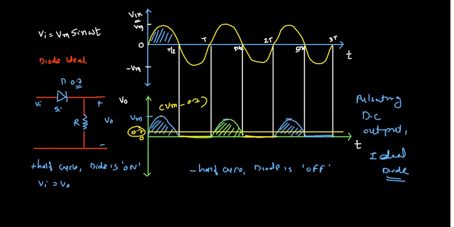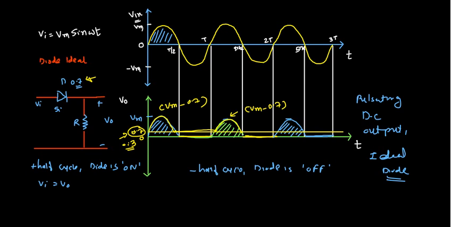Suppose this one is a germanium diode, this line becomes 0.3 because the germanium threshold value is 0.3. For silicon, the signal will look like this, and our peak value will be Vm minus 0.7.